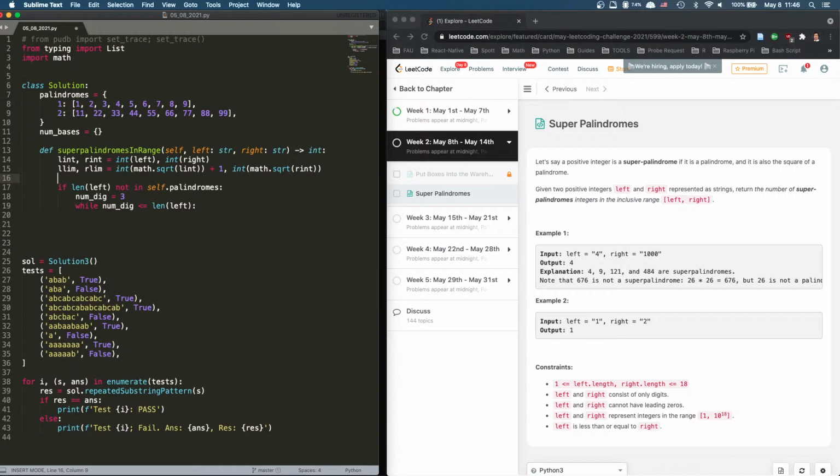Now, what we want is we have the left limit, and we don't know how many digits they are, right? And once we know the number of digits the left limit has, and we only see if the palindromes, I don't want to call it palindrome, this is going to be bases, right?